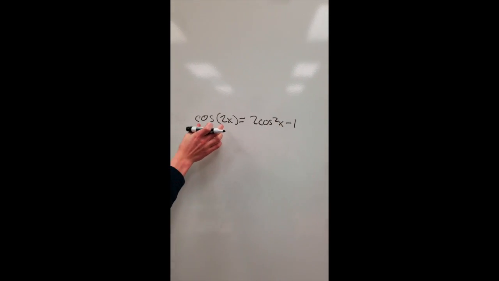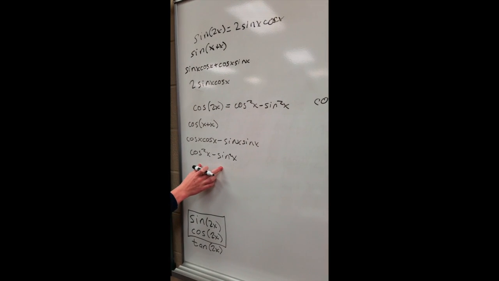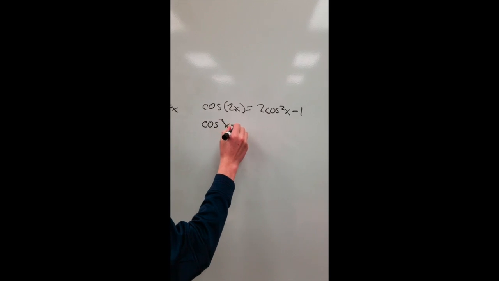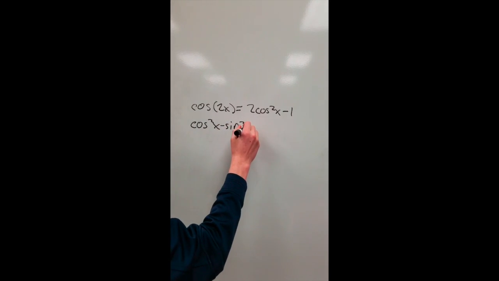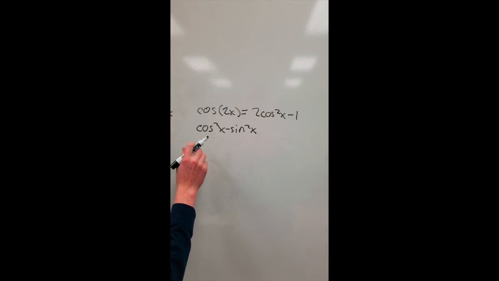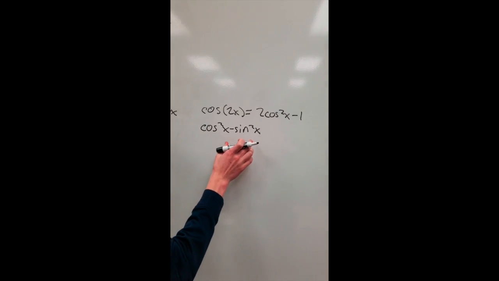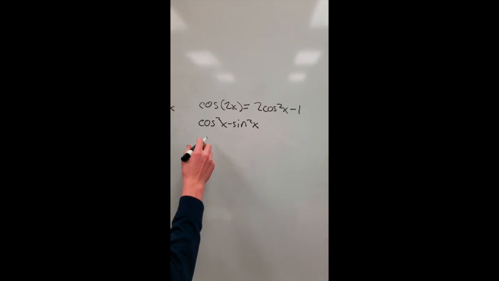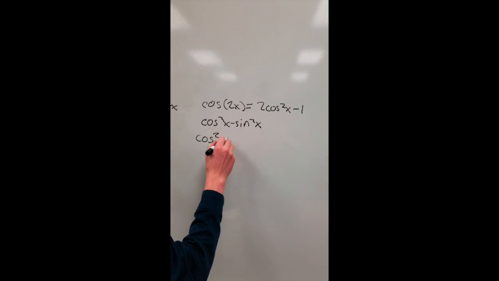Now we can do the next one, which is cos 2x equals 2 cos squared x minus 1. We already know that cos 2x is equal to cos squared x minus sine squared x, so we can substitute that in. Then we can substitute in for sine squared x, 1 minus cos squared x.